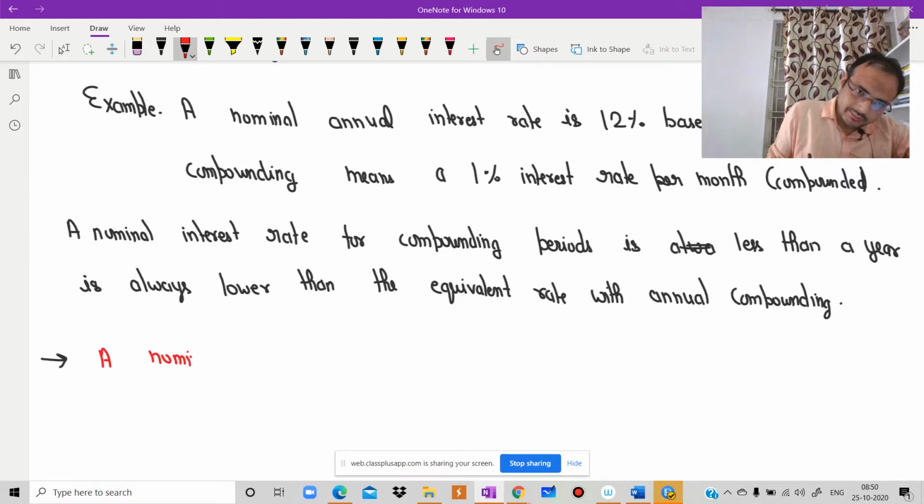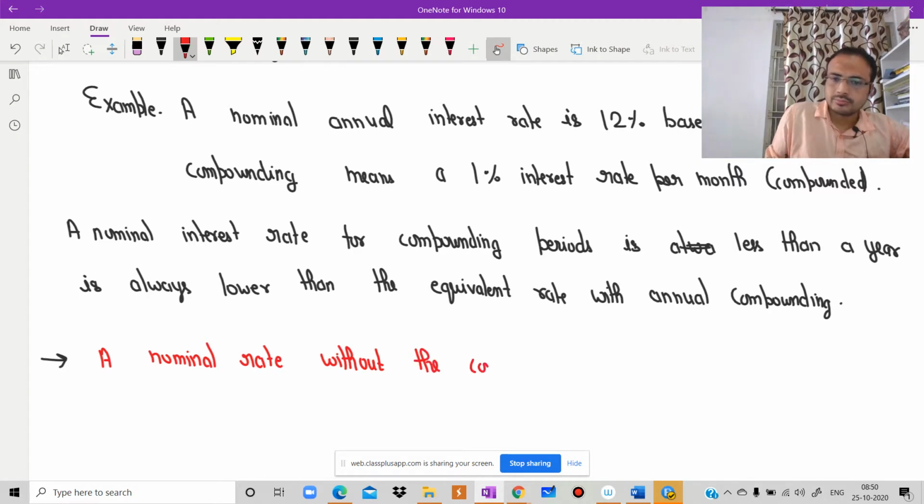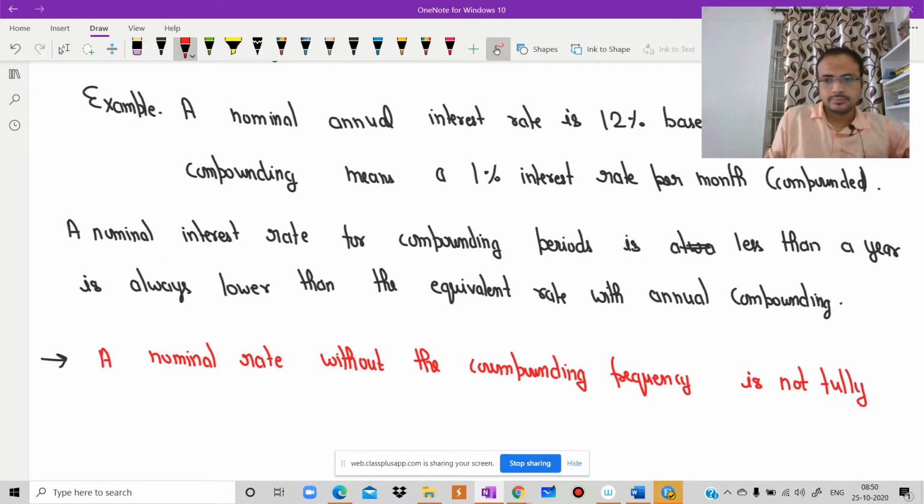A nominal rate without the compounding frequency is not fully defined, because they will tell you per 3 months, per 6 months, per 4 months.